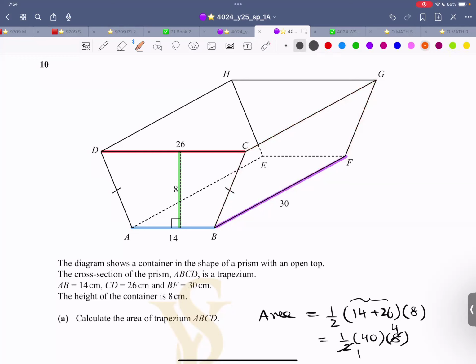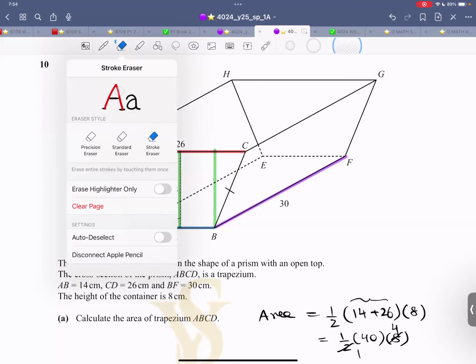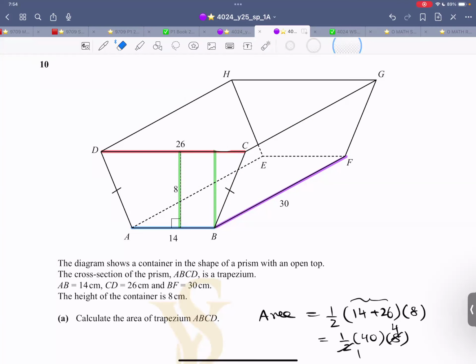Let me take this green line. Let me draw it like this. No, not that thick. And this thing is 14. This is 26. What's the difference? Hold for a second. Okay. Now, if this is 14, this is half of 26.